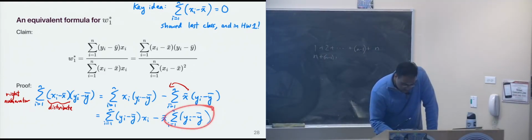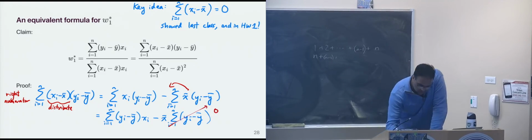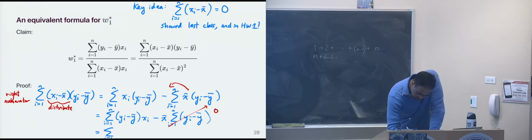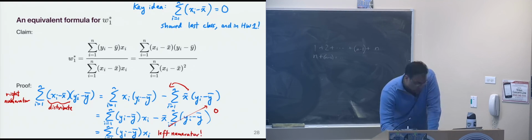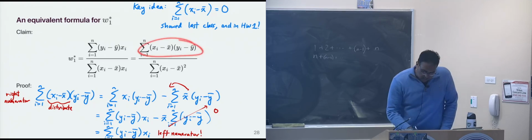And what is this thing? 0, good. And so this is just the left numerator. Okay? So I've shown this is equal to that.